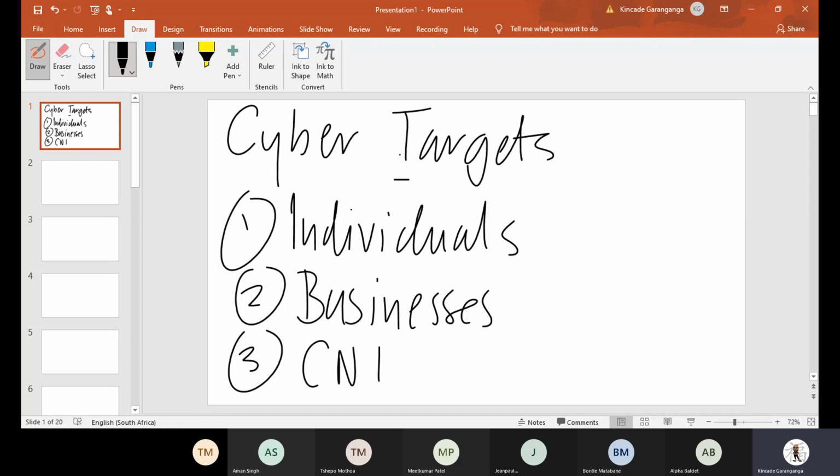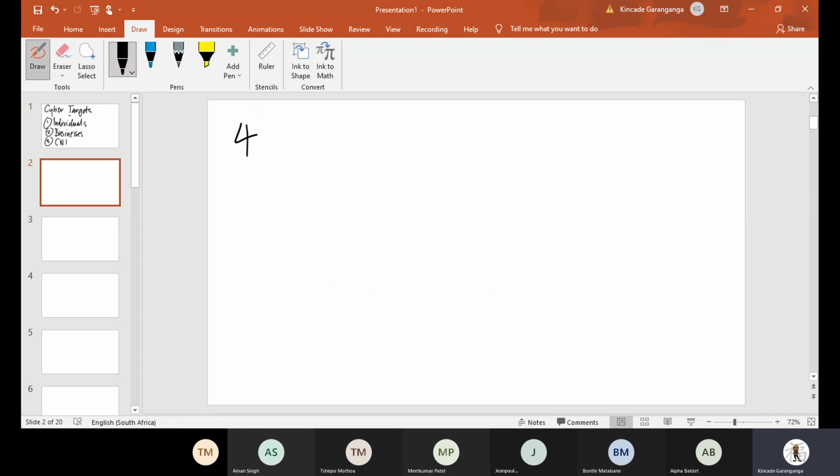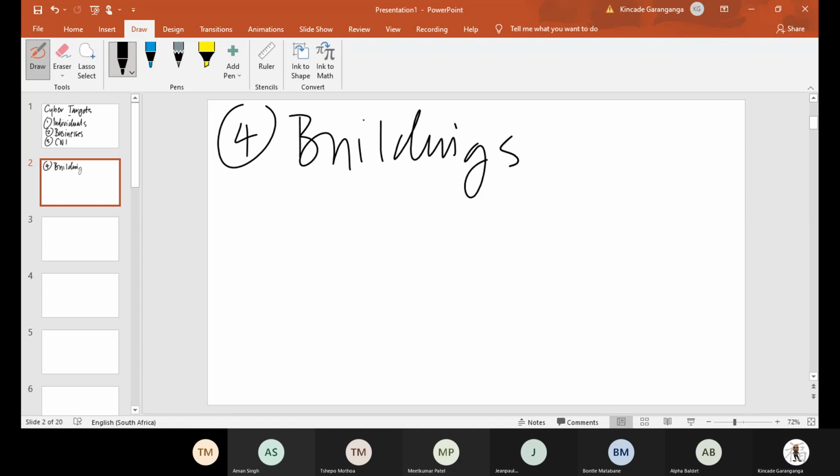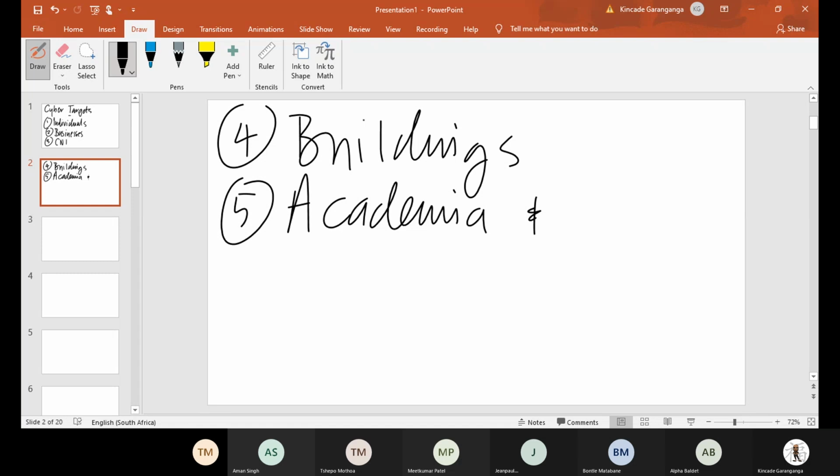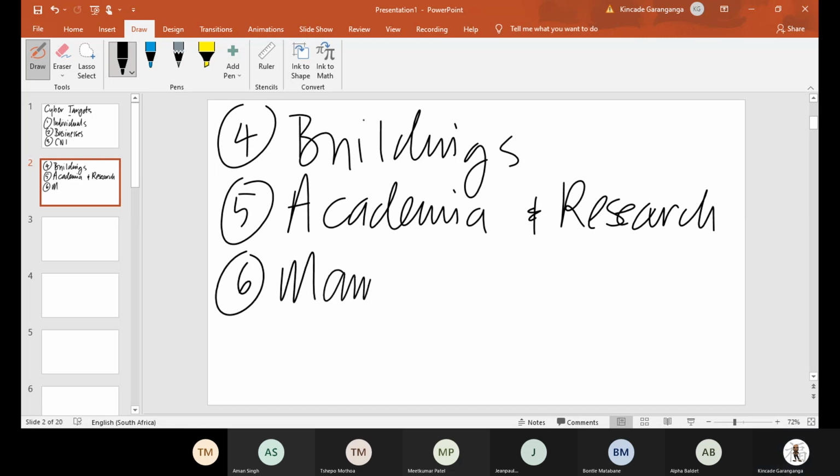And then you'll also want to discuss buildings. Academia and research. Research. And then you also want to talk about the manufacturing industry. Manufacturing, let's see if you can write that accordingly.